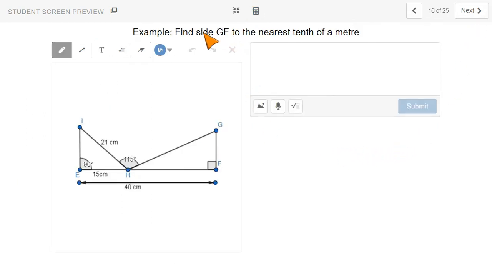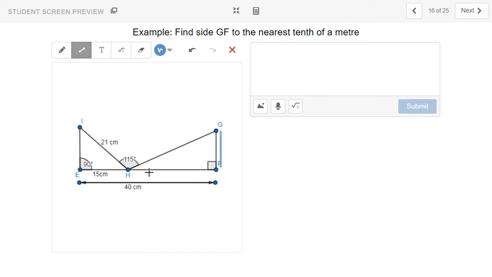One more example. We need to find side GF to the nearest meter. GF is this side here, and the unique thing is we don't have any information for this side. We need to find an angle and a side in order for us to find FG.